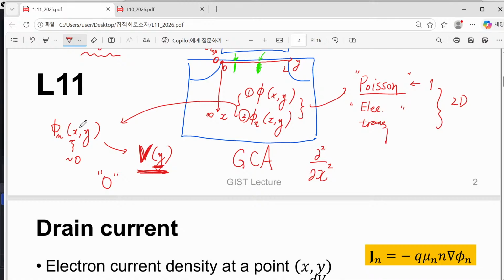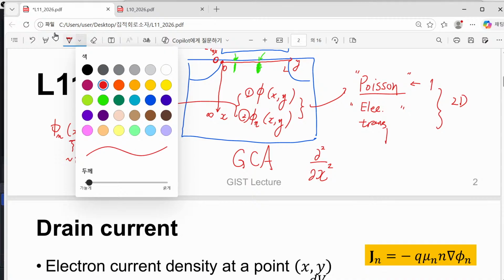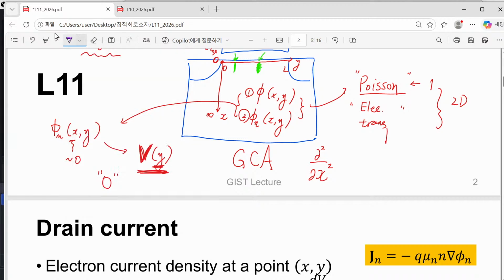So if you review this kind of strategy, then you can find that it looks good, but there is something missing. We have not talked much about the second equation, for electron transport.